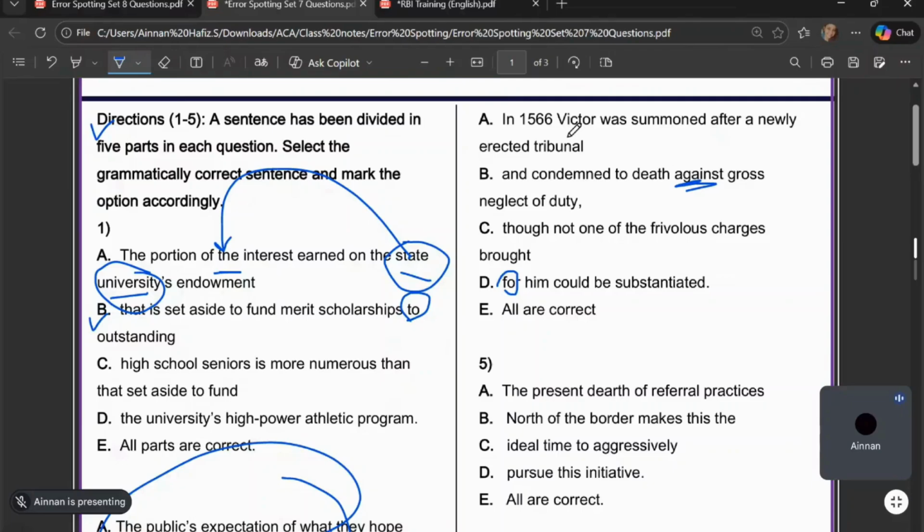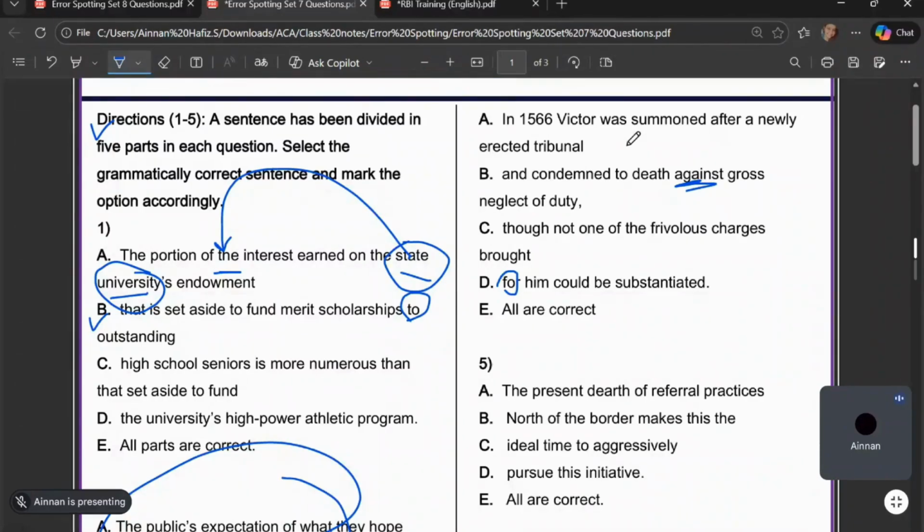So here they're telling that this guy was summoned because he's done something. So when you're summoning something or when you're putting on rules on someone, it is never against them. It is for them to do it. Okay. So it's not for him. It should be: though not one of the frivolous charges brought on him or to him. There are two chances, either on him or to him.